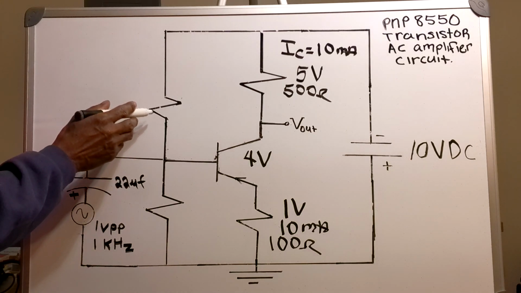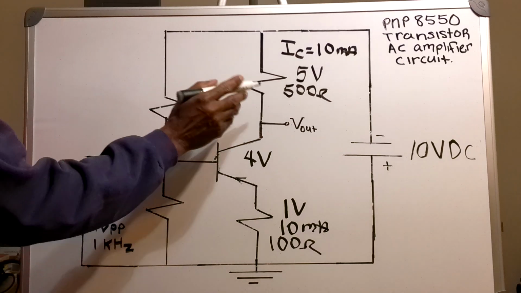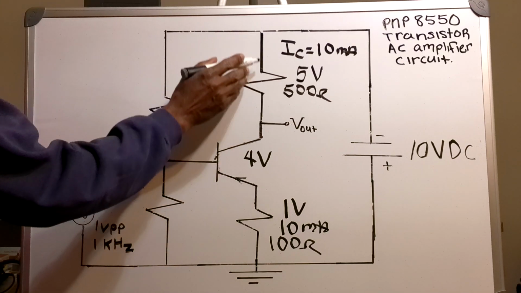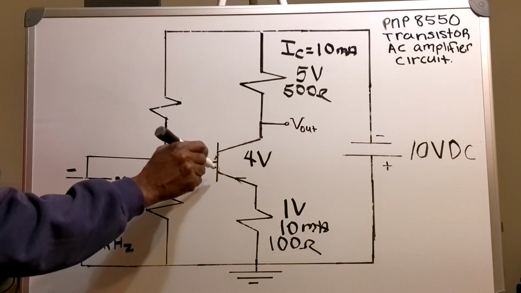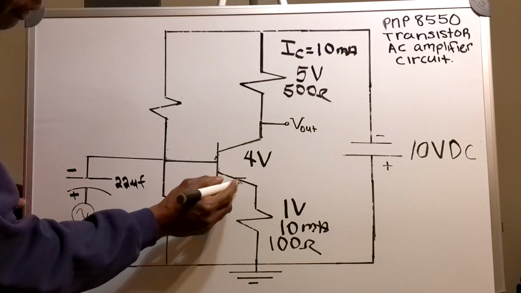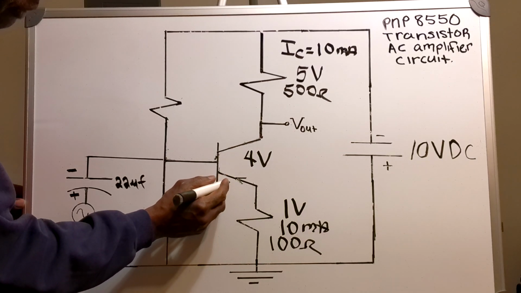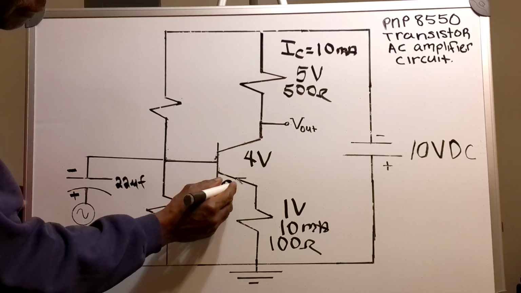Now I will find the value of my base resistor. Since I will be having 10 milliamps flowing through the base emitter junction, I'm going to have a voltage drop somewhere around 0.7 volts.